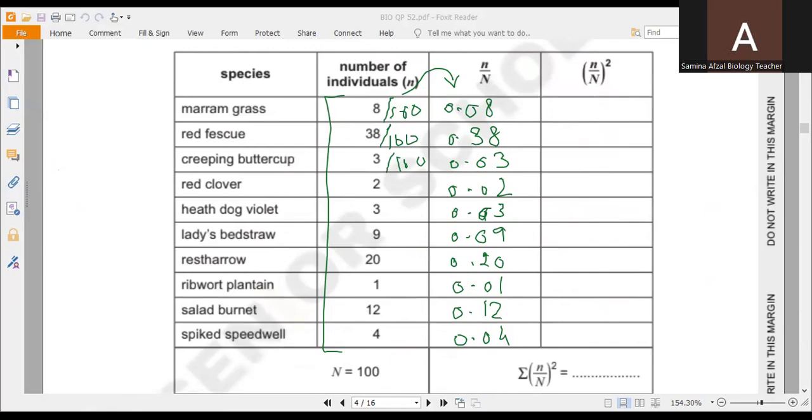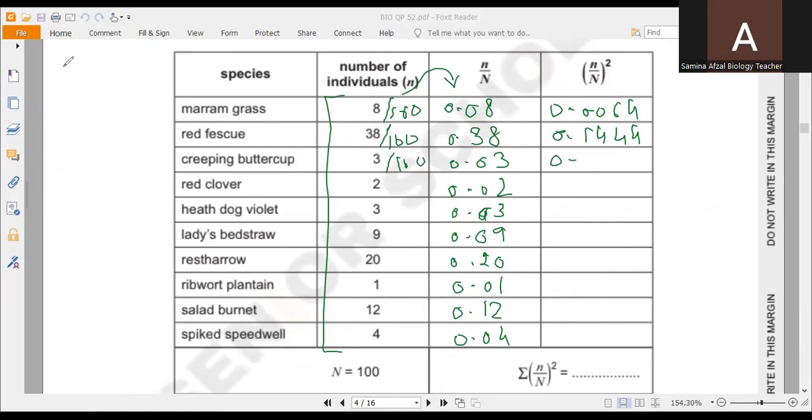Now we will take their squares. 0.08 squared will be 0.0064, and then 0.1444, and 0.03.